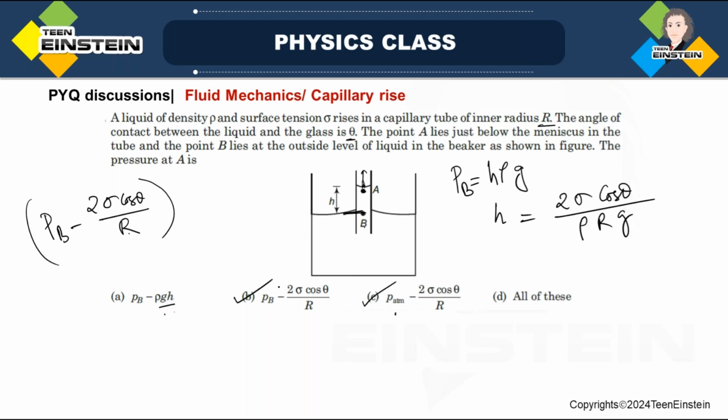Fine. So PB minus 2 sigma cos theta by R. This answer is fine.